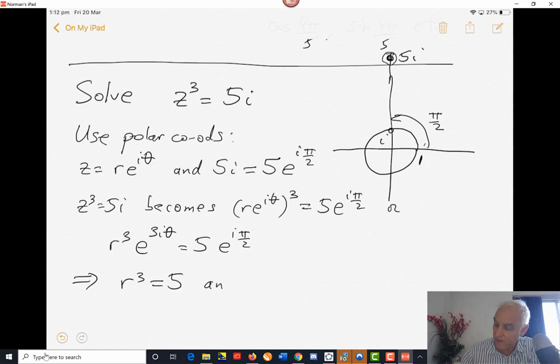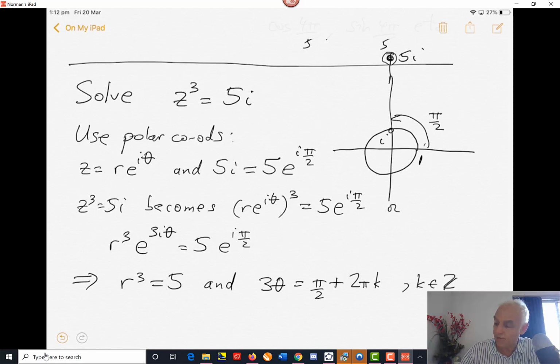And in terms of the arguments, 3 theta has to be equal to pi by 2 up to a multiple of 2 pi. It's crucial that we allow this flexibility in the angle by introducing plus 2 pi k, where k is an integer.